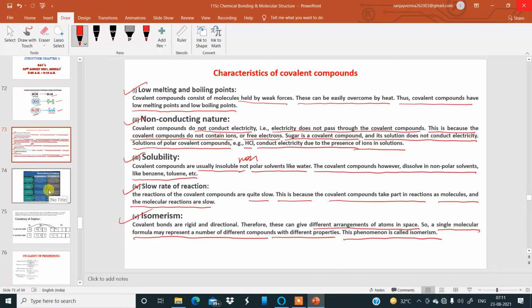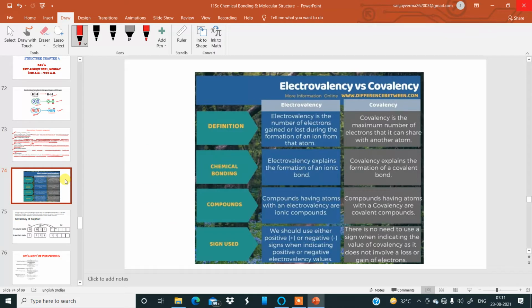Now, moving to our next slide, the difference between electrovalency and covalency. Point-wise, if you look at the definition, electrovalency is the number of electrons gained or lost during the formation of an ion from that atom, whereas covalency is the maximum number of electrons that it can share with another atom to form a covalent bond.